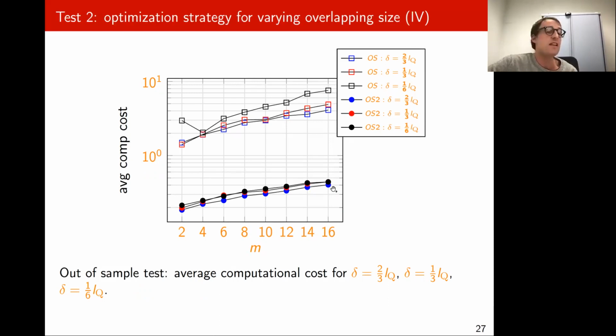And you see that even if the cost per iteration of Gauss-Newton is significantly larger, we still gain a factor of 20, more or less. And of course, this factor depends also on the size of the overlap. If the overlapping size is smaller, the gain is higher because overlapping Schwarz requires more iterations. Okay.